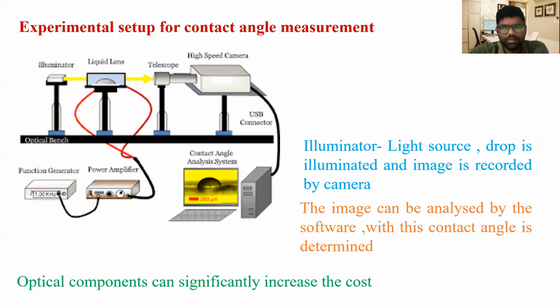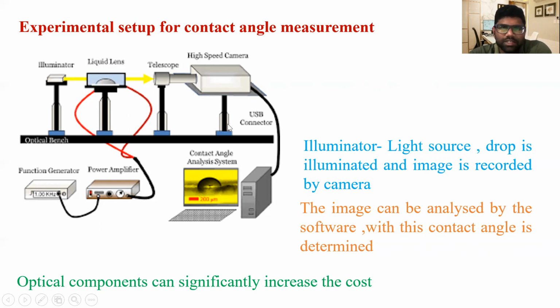This is an experimental setup for contact angle measurement, where we have an illuminator, liquid lens, telescope, high-speed camera, and this is connected to a software system. These are all given power from a power amplifier function generator. The illuminator has a light source, and the drop is illuminated and the image is recorded by the high-speed camera.